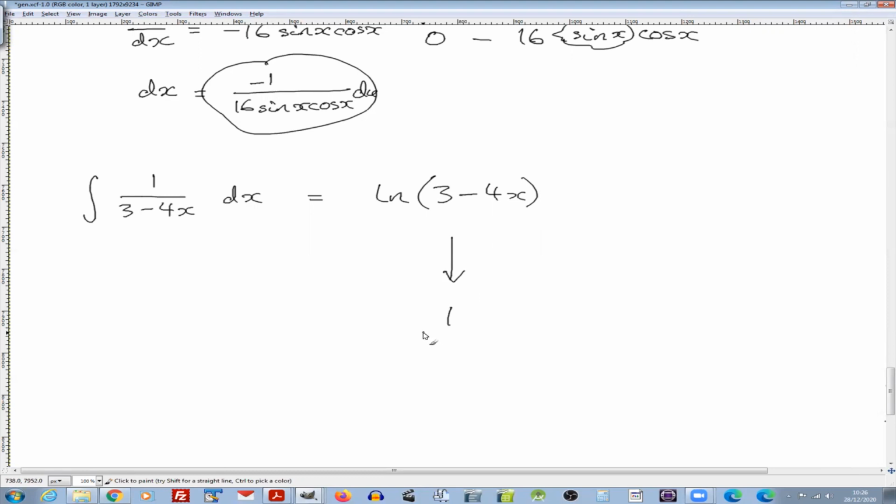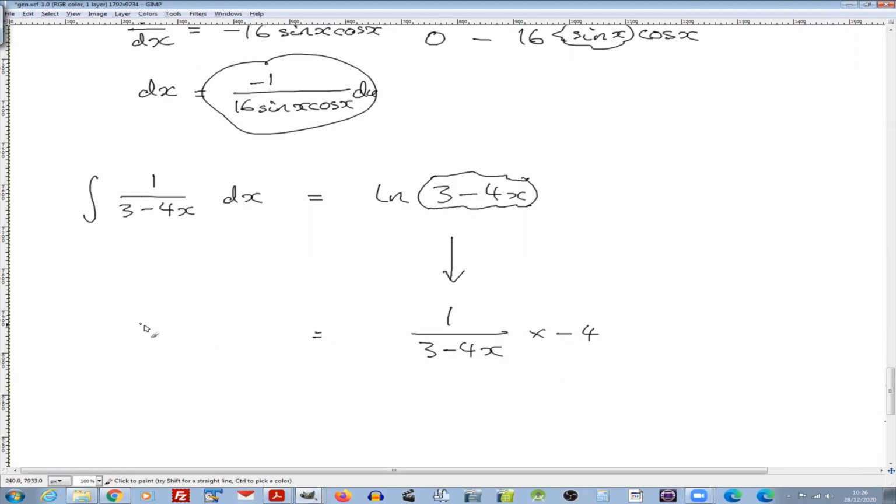You see, it's ln of stuff, so you get 1 over the same stuff, 1 over 3 minus 4x, times minus 4.